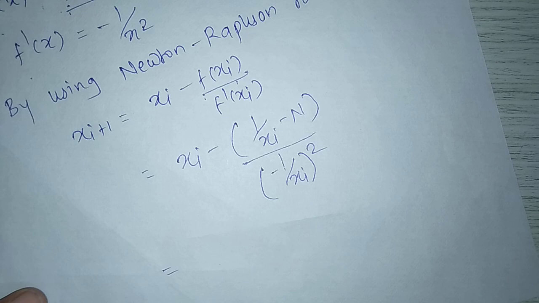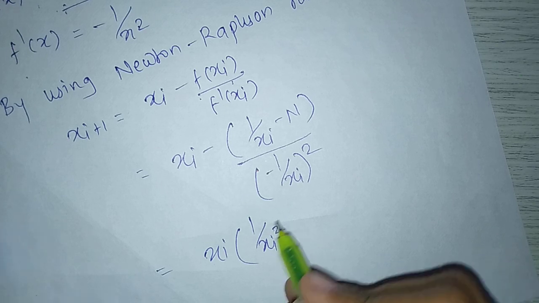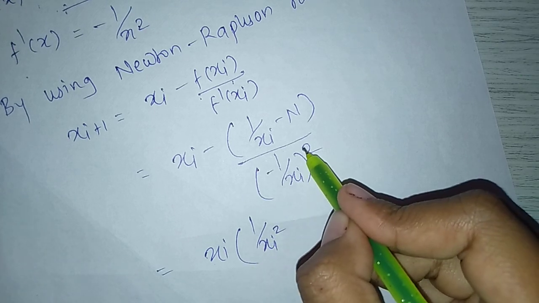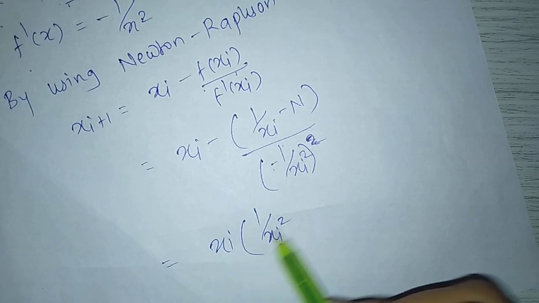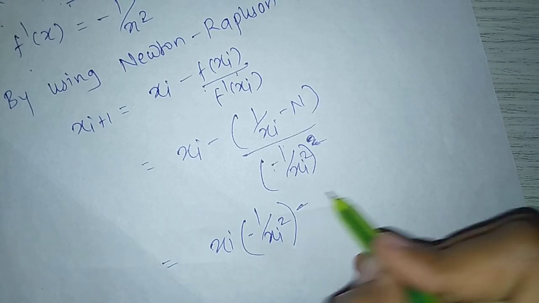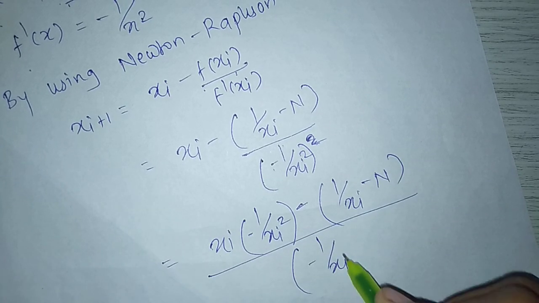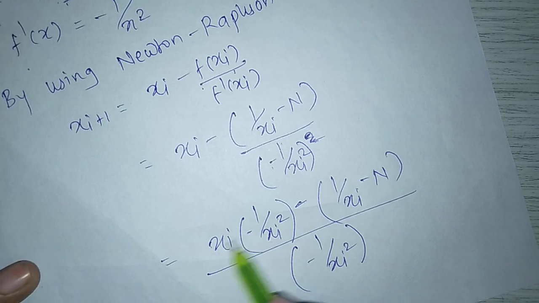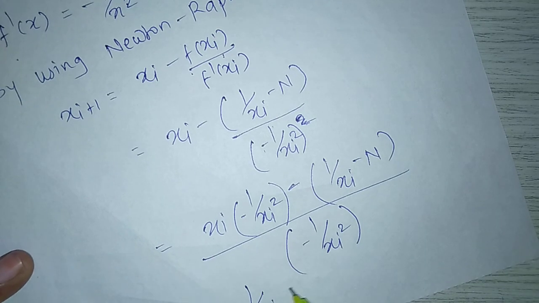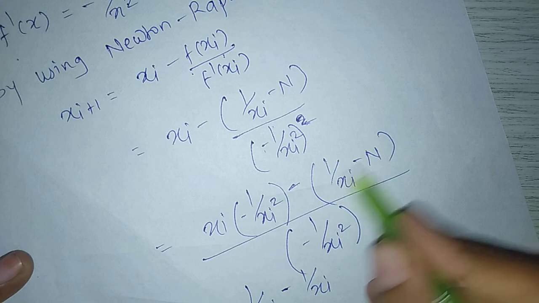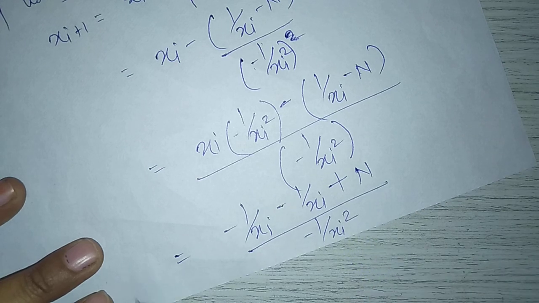By cross multiplication, we get xi cancelled, only remaining minus 1 upon xi, minus 1 upon xi minus minus, plus plus, n upon minus 1 upon xi square.